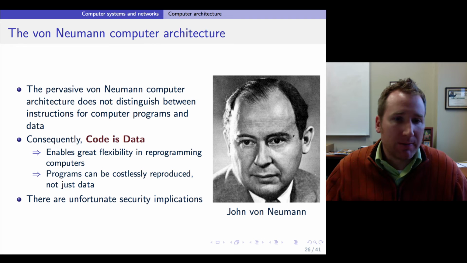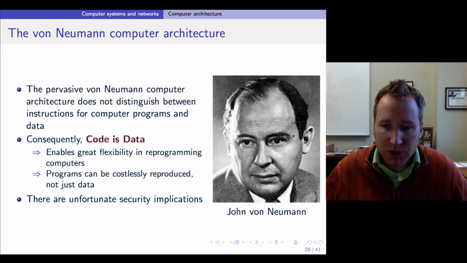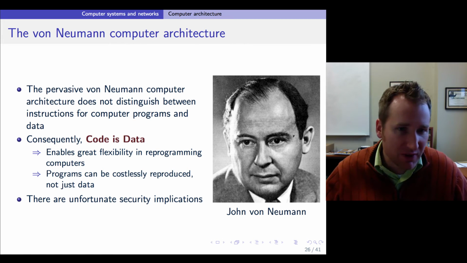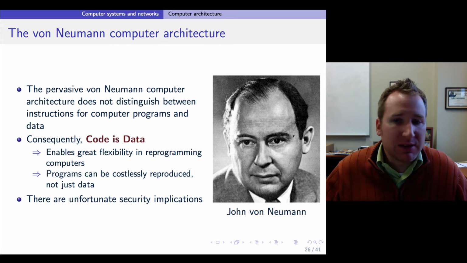The most pervasive computer architecture in existence today is the von Neumann computer architecture. John von Neumann was a prolific mathematician, computer scientist, and one of the founders of game theory. He designed an early computer architecture that is still being used today.